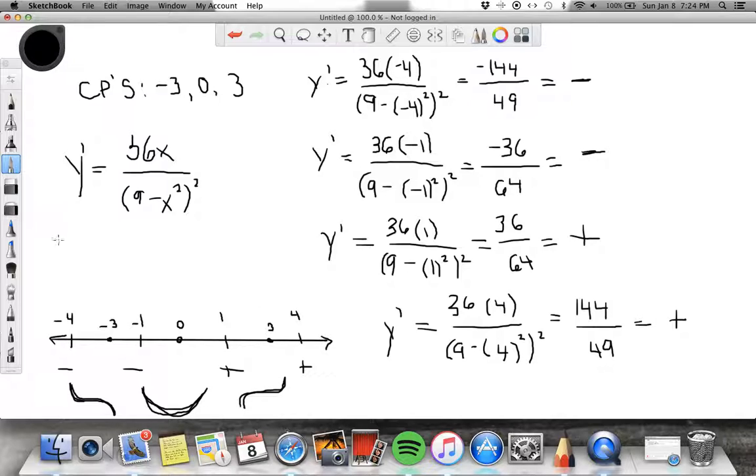So from that we conclude that the function is increasing from 0 to infinity, and the function is decreasing from negative infinity to 0. There we go.